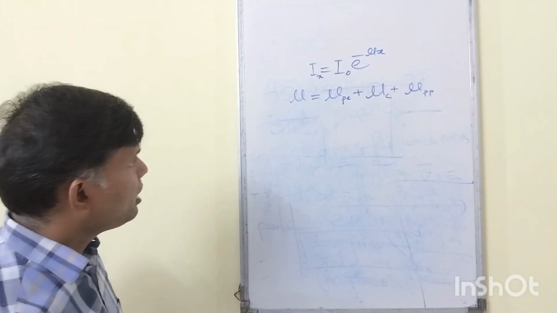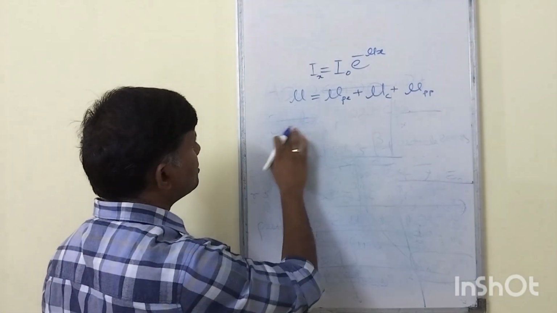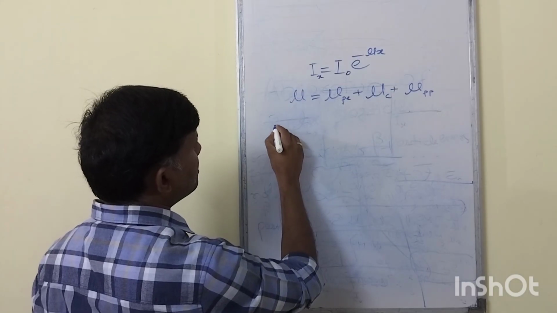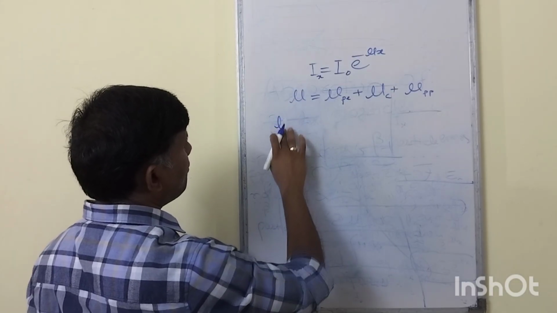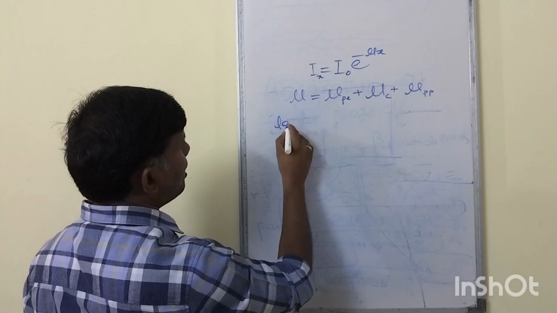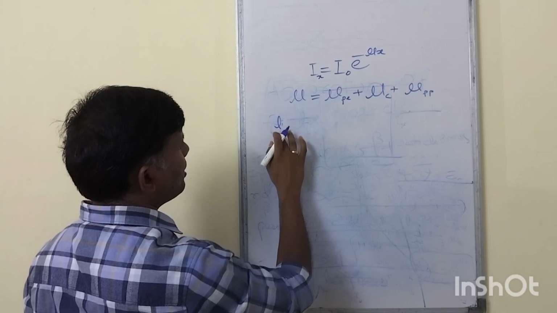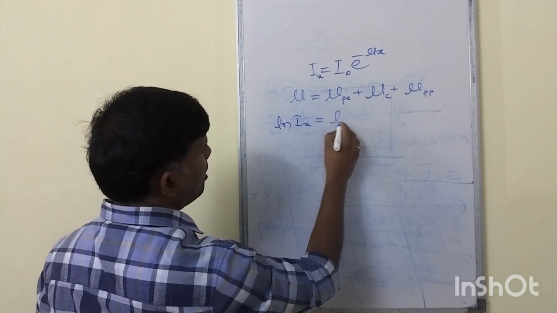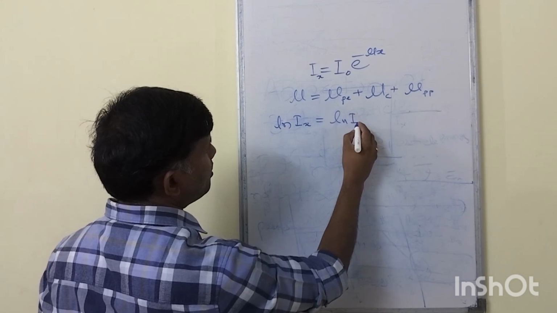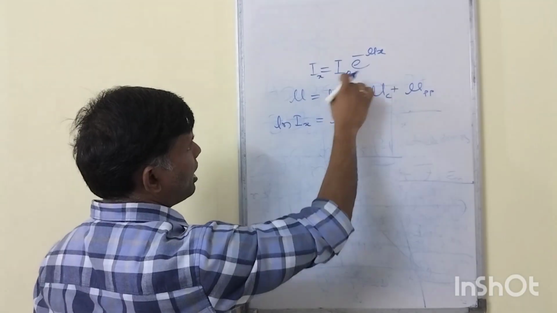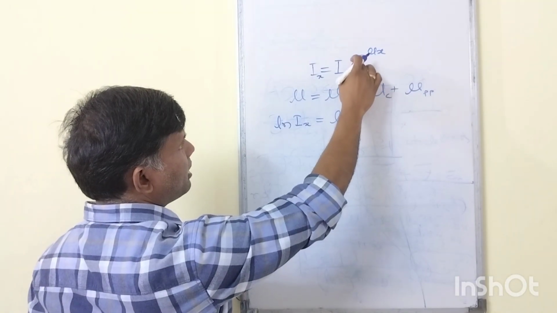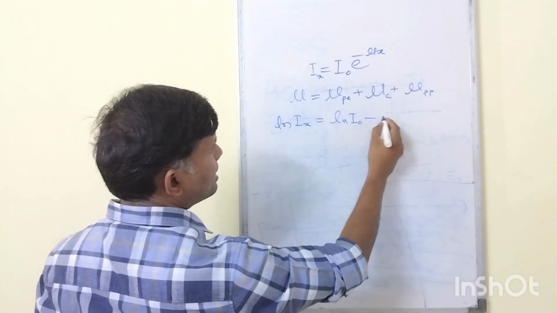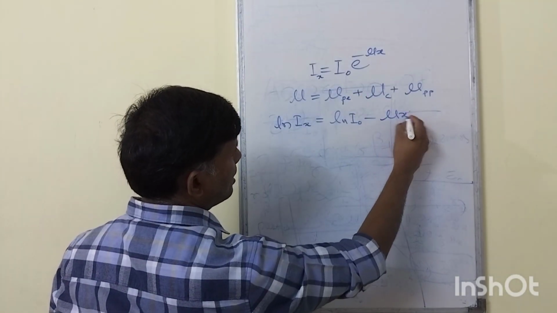Now we will do some graphs. If you take the logarithm of this, what you will get? Log of Ix, natural log only, is equal to log of I0 minus mu x, since ln e to the base e is 1.